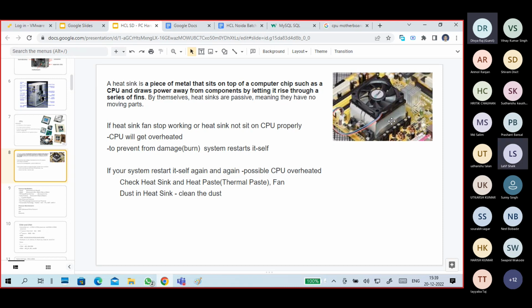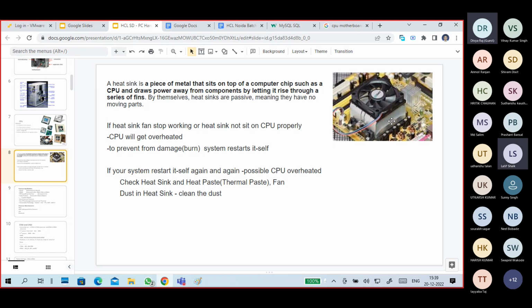I assembled everything and it worked fine, but once I took the system home, it started restarting again. So I went to the market, purchased heatsink paste and applied it. That is one reason, because the heatsink paste gives more contact between your processor and heatsink.